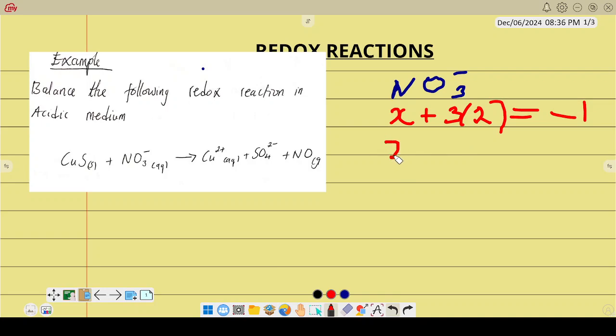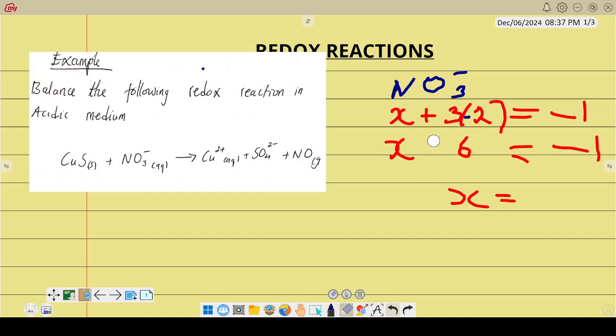Okay, so what do we have? x plus 6 is equal to -1, and x is equal to... oh, this was supposed to be negative. The oxidation number of oxygen is -2.